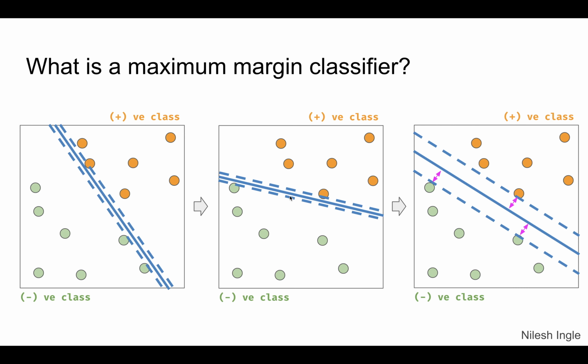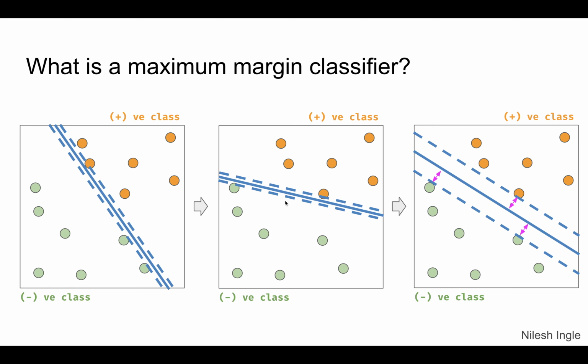Same thing in the middle figure, we do have the separation of classes, but the margin is too tight. The solid line is very close to the dotted lines there. And what happens in this case is if there are new data points, then the margin has to shift drastically to accommodate that new data point to the correct class.